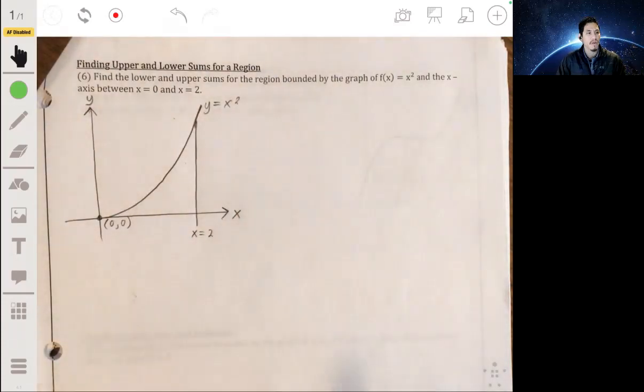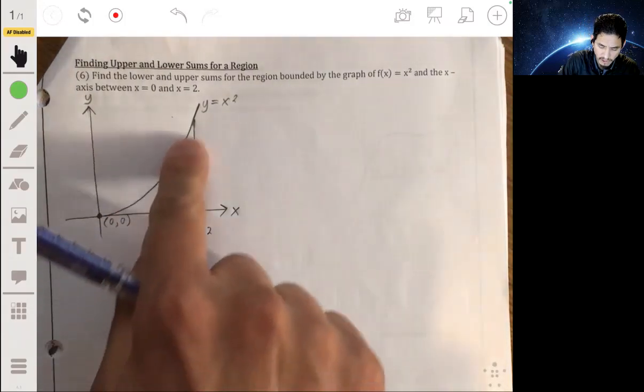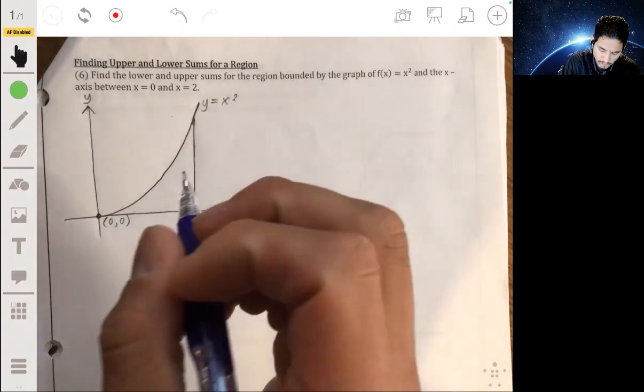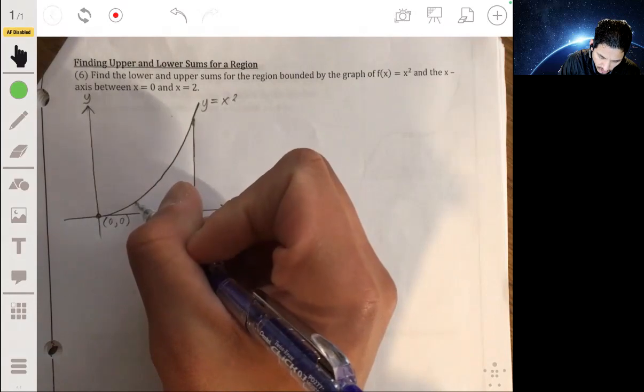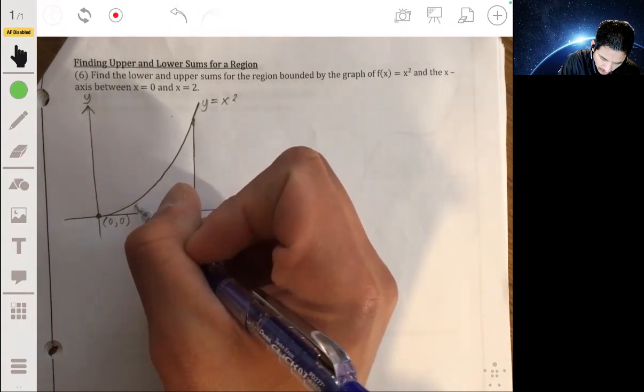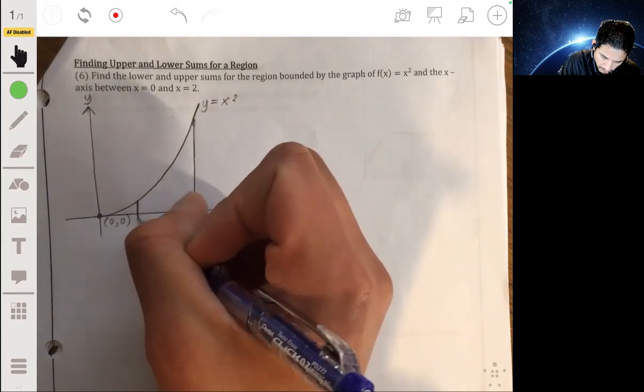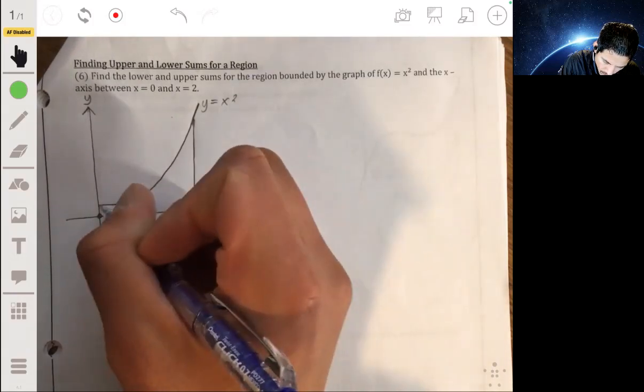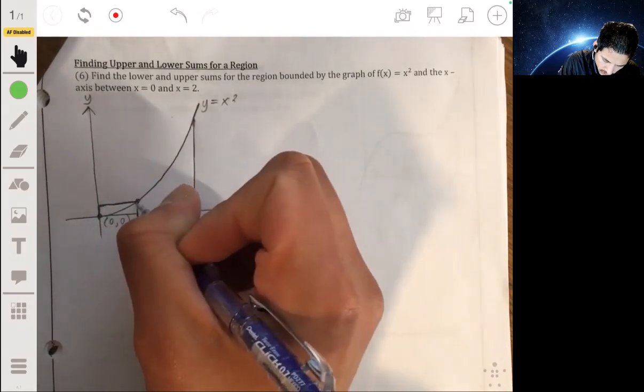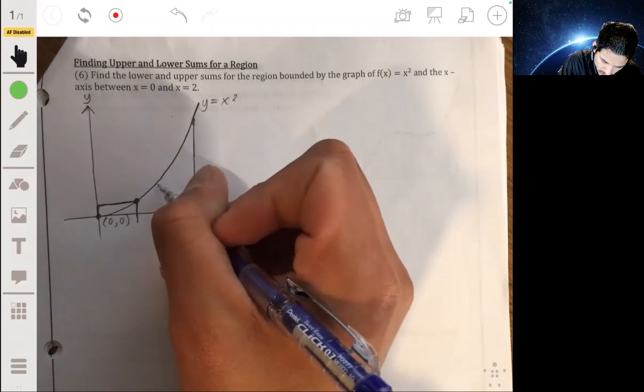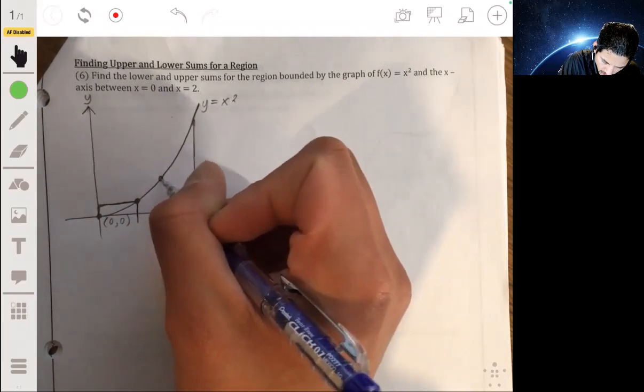Now, since this is a strictly increasing function, since it's always going up, or since the values are always getting larger as you move from left to right, let's look at a couple of rectangles. What would happen if we draw rectangles with right endpoints, so right endpoints on the graph of the function?